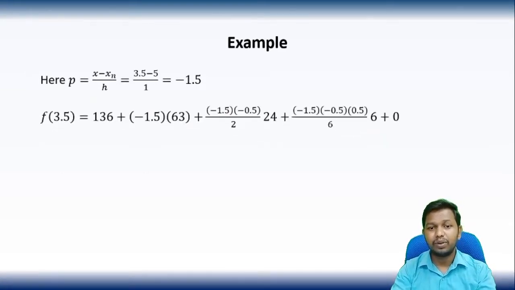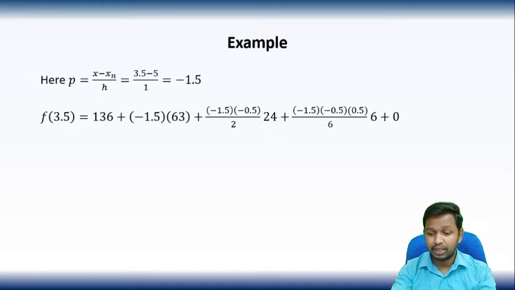Substitute this p value in the backward difference formula and evaluate. We get f of 3.5 equals 136 plus minus 1.5 into 63, plus minus 1.5 into minus 0.5 divided by 2 into 24, plus minus 1.5 into minus 0.5 into 0.5 divided by 6 into 6, plus nabla to the power 4 yn equals 0.